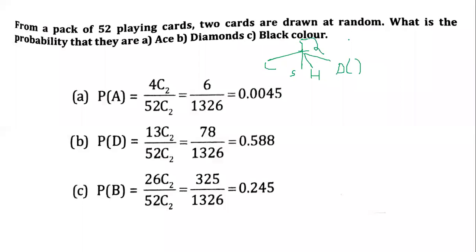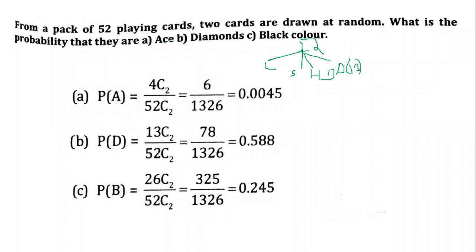Each set will be of how many cards? So only Akila knows, is it? There will be 13 cards of each set. Okay, so there will be 13 diamond cards, 13 heart cards, 13 spade and 13 club.